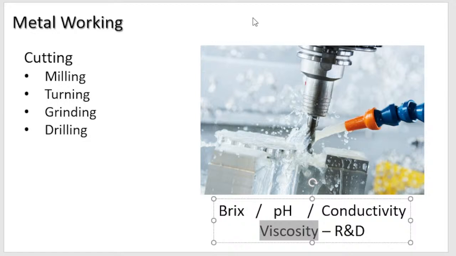The thing with viscosity, though, is that up until before ATAGO came into the viscosity world, viscosity was mostly a benchtop kind of thing. It was in the lab, so it was mostly away from the production floor.